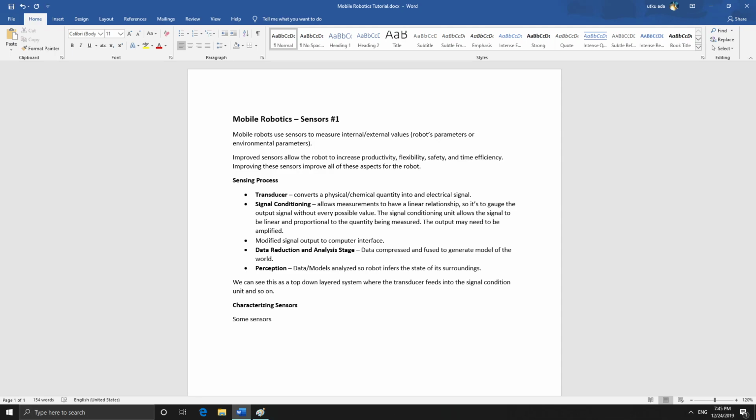Some sensors are extremely accurate in a controlled lab environment, but have many errors in a real world environment, which has more variables, for instance. Or more environmental variables even.